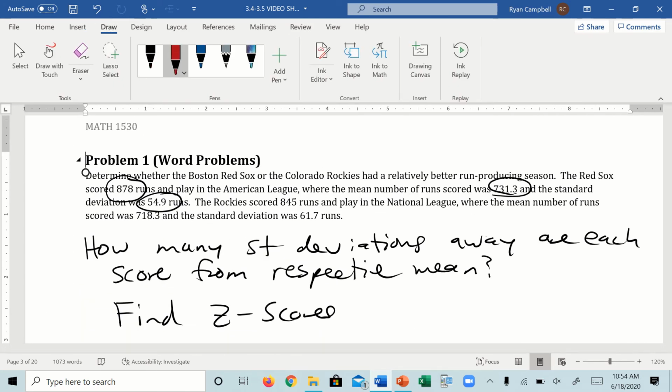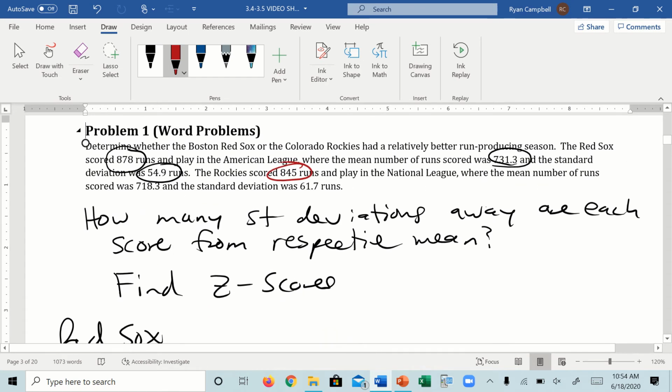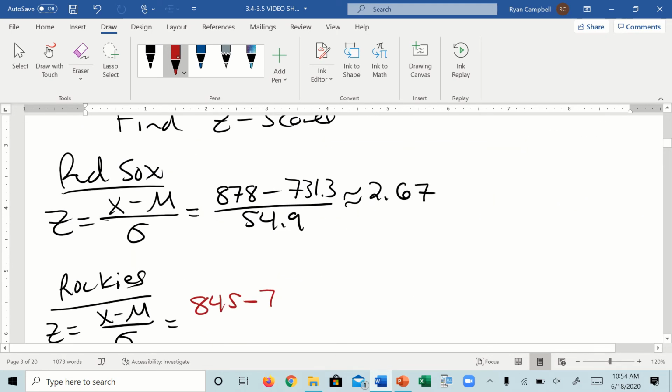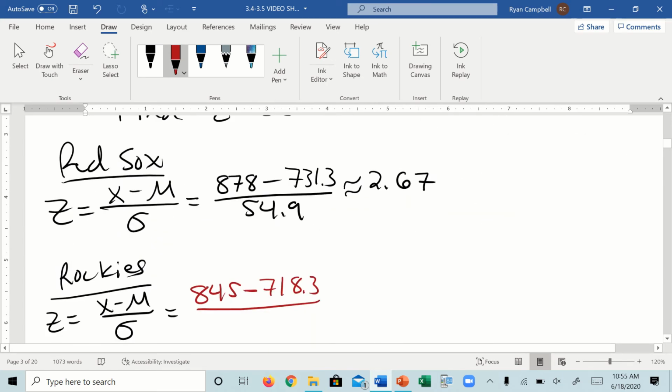So the Rockies had 845 runs minus the mean, which is 718.3, divided by standard deviation, 61.7. So when we subtract first and then divide, we end up with about 2.05.